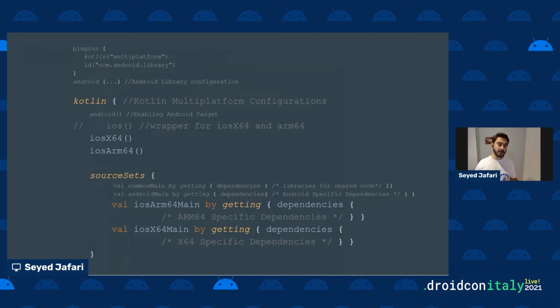And if you want to add them separately, we can add their source sets, and we can add their code separately as well. But about coding, we'll get into that later. So you can also add them separately and code specifically for that architecture of your choice. You don't have to share your code for the entire iOS architectures.